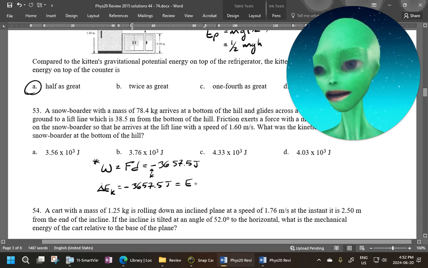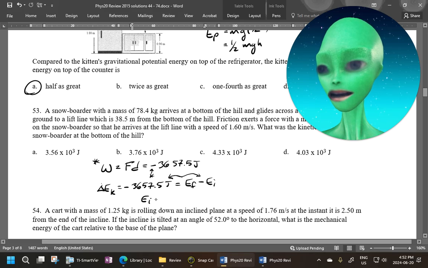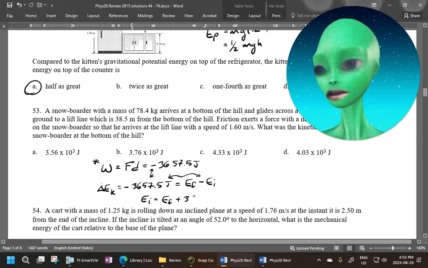which is equal to final minus initial. Rearranging this again, I'll swap those two there. So I got my EI to be EF plus 3657.5 joules.